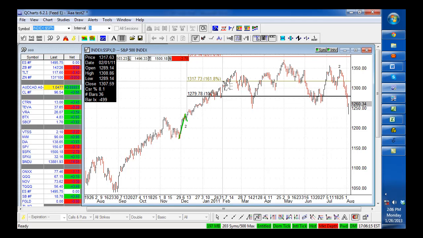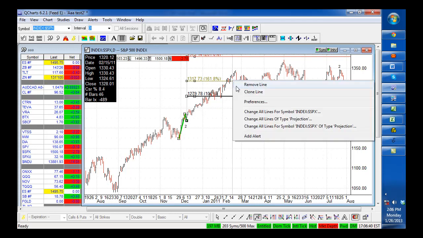Come on, 100% past the 161.8% point. Okay, and by the way, if it spends enough time past the 100, it's going to go past the 1.618. And the other part that's really interesting is if it goes past the 1.618, you typically have a 5 wave move in progress.